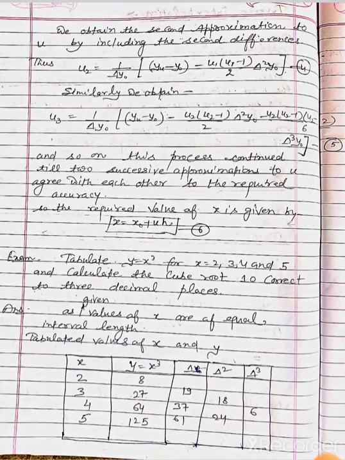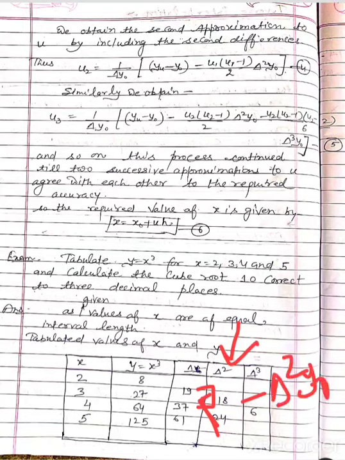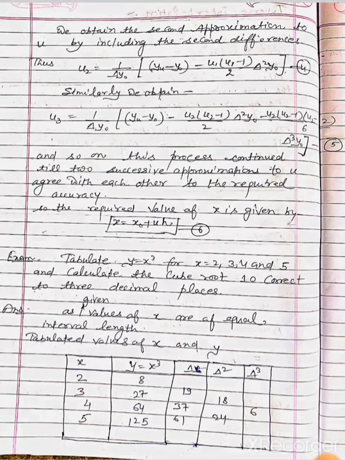Next, we calculate the second forward difference, represented by delta square y. Subtracting 19 from 37, we obtain 18, which is related to delta square y0. And subtracting 37 from 61, we obtain 24, which is related to delta square y1.